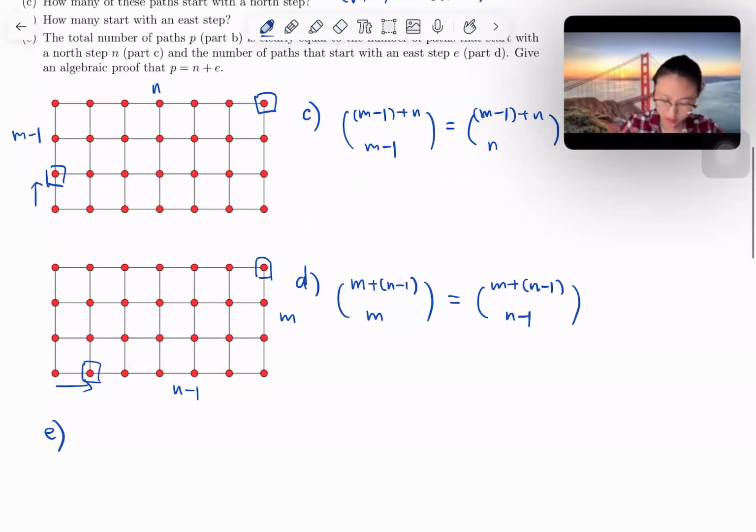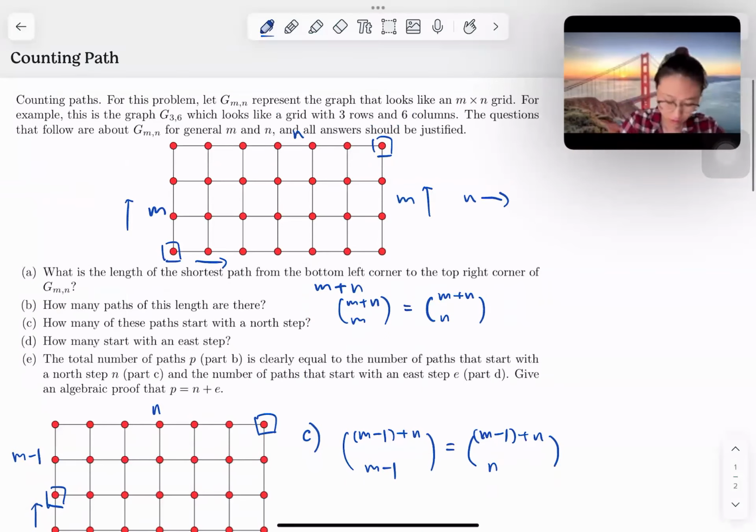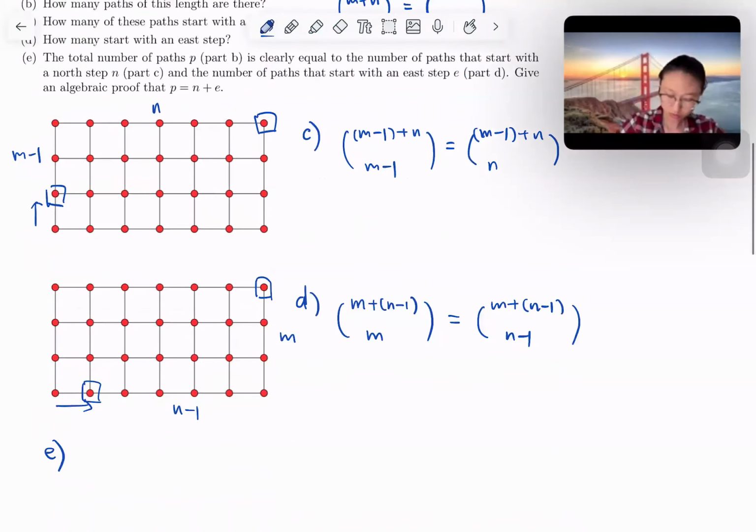Because if we start from the bottom left corner, we have two choices: we can go up first or go right first. These are the two situations.